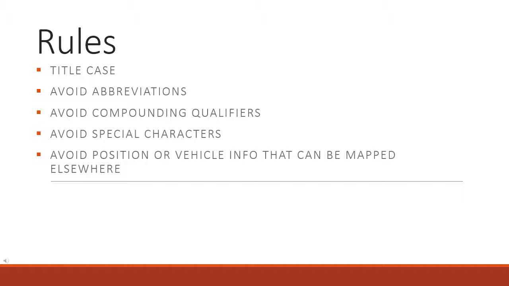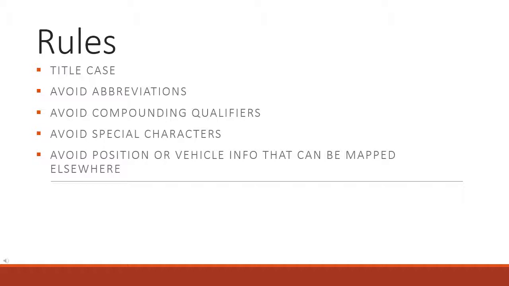A couple of rules that we need to follow when creating new qualifiers. One, it needs to be submitted in title case. Secondly, we need to avoid abbreviations where possible. Third, we need to avoid compounding a qualifier when possible. Fourth, avoid special characters.